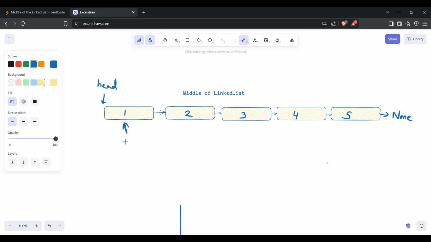If you understand the question, we can apply it here. Let's say this is the T and this is the A. What we will do is we move T twice in a single iteration.